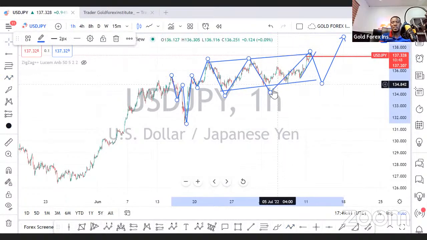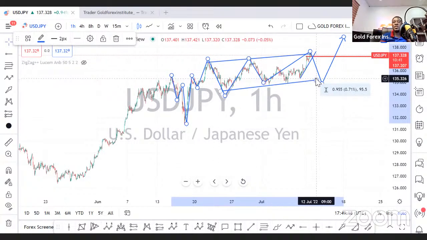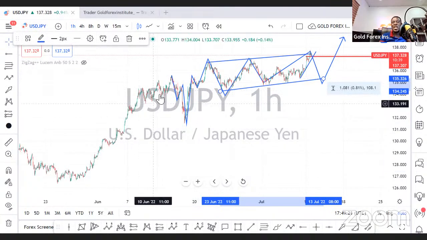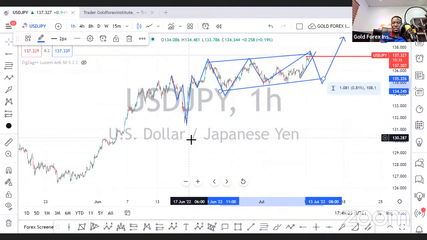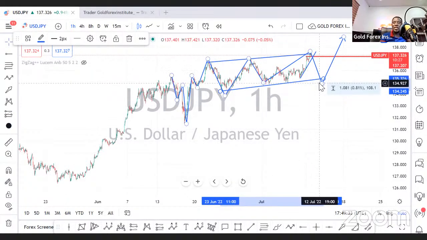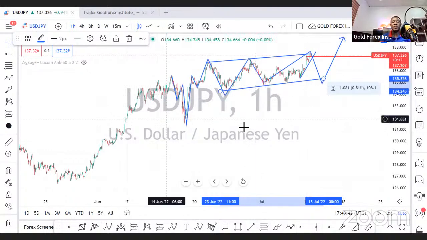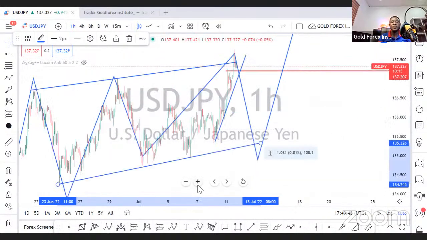Yes, I think that is it. The C leg is forming 5 waves. This is the impulse wave, ABC correction, ABC correction. So 3, 3, 5, and the 5 is forming A, B, C, D, E. Once it gets to this level, it will push to the top. That's it for USDJPY.